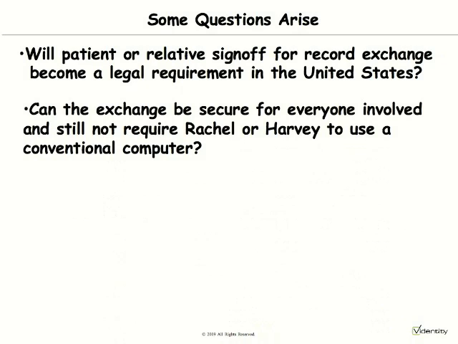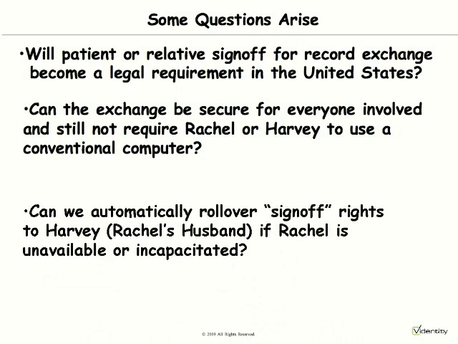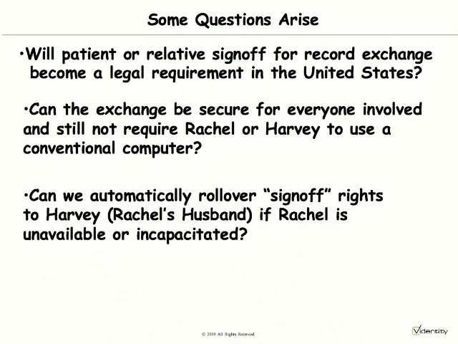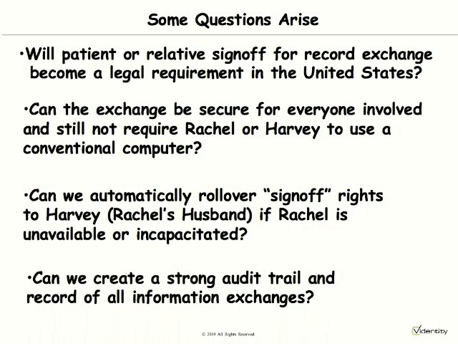Can the exchange be secure for everyone involved and still not require Rachel or Harvey to use a conventional computer? Can we automatically roll over sign-off rights to Harvey if Rachel is unavailable or incapacitated? Can we create a strong audit trail and record of all information exchange?